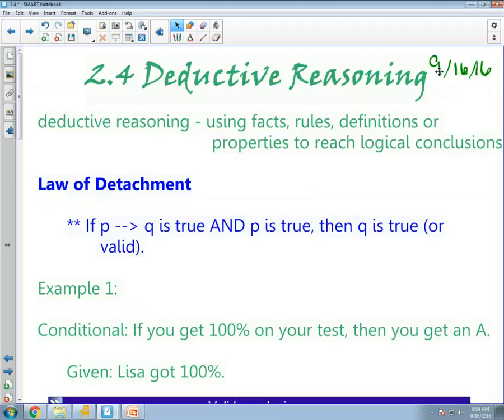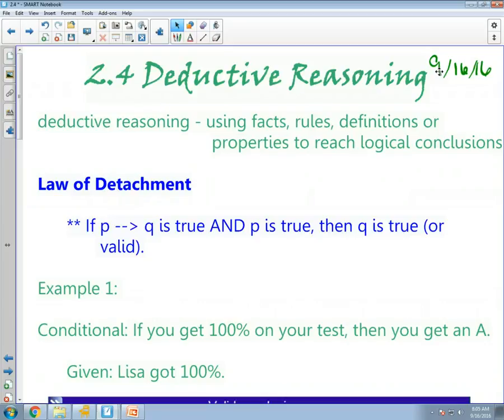As you're writing that, also think about the other type of reasoning we learned in section 2.1. It was called inductive reasoning. So there are two types of reasoning in geometry, inductive and deductive. This is now the second type. If you remember inductive reasoning, it was when I said something like 1, 3, 5, 7, and you said 9.